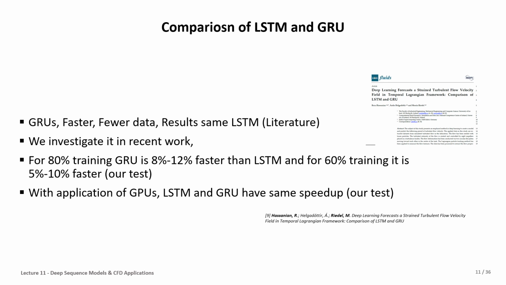With the application of GPUs, when it comes to HPC, the LSTM has the same speed-up from our test. However, we cannot say this result could be universal because our data was not too large, and the period of the time series was only around half a second. But the prediction was successful for turbulent flow.